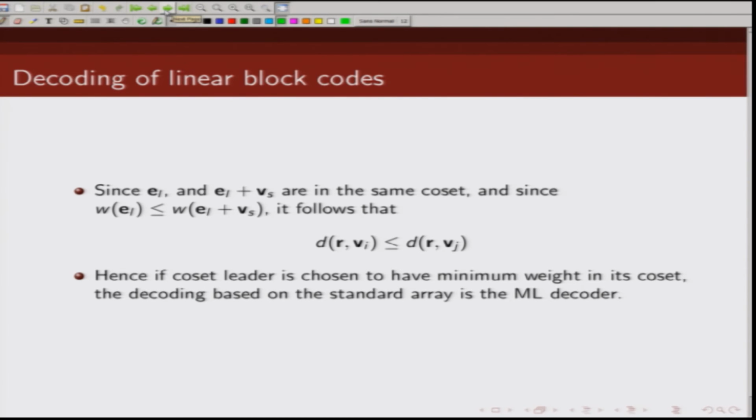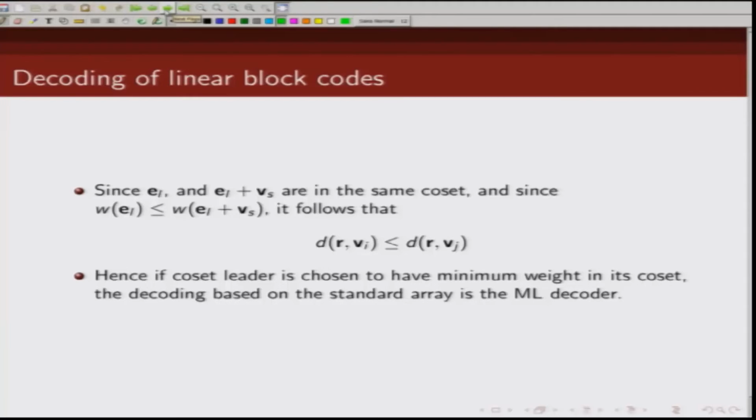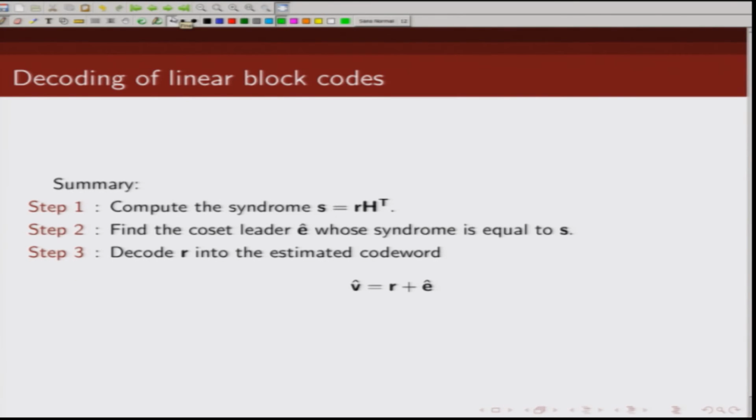So, if we choose our coset leader to be the one which has minimum weight in that coset, the decoding will be a maximum likelihood decoder, because the maximum likelihood decoder for a binary symmetric channel, we have said, is the one which minimizes the Hamming distance between the received code word and the selected code vector V.